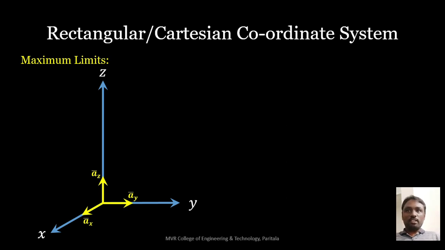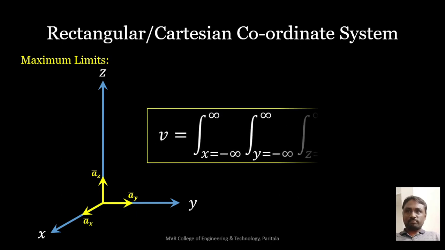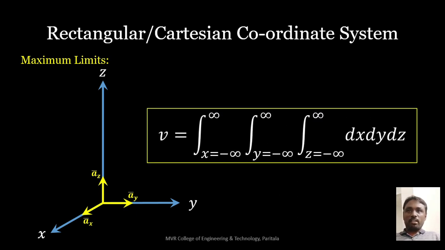So what is the limit here? X-axis from minus infinity to plus infinity, y-axis from minus infinity to plus infinity, and z-axis from minus infinity to plus infinity. In this way you can occupy the whole universe using a rectangular coordinate system. These are the maximum limits you have.